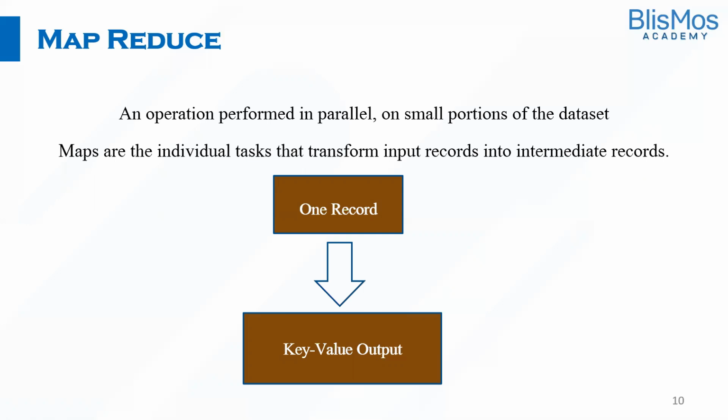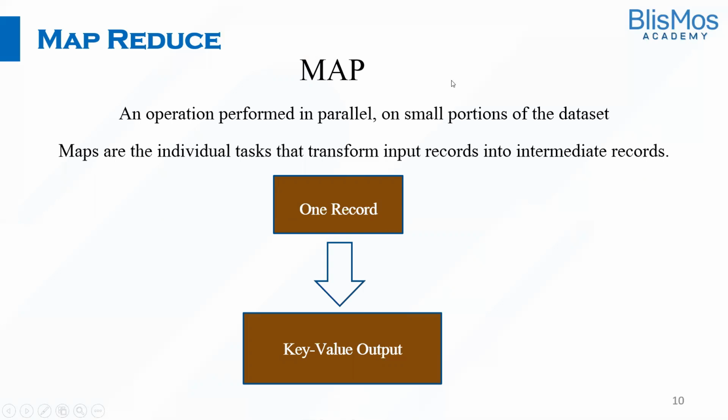That is broken down into smaller chunks and distributed across the different systems. The map phase is acting on the small portion of the data which is split or broken into small chunks and stored in individual nodes or individual systems in a cluster.